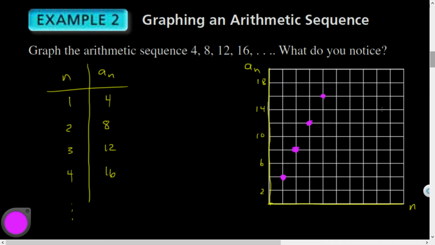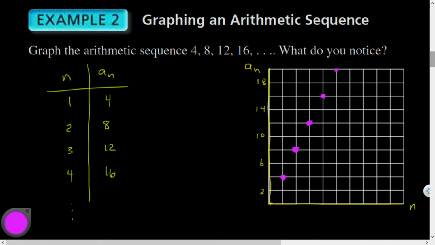And what do we notice? We notice that these points have a linear relationship, so you could perhaps predict the next location by going up 4 over 1, up 4 over 1, up 4 over 1. I realize that these are 2 squares, but remember my squares each count as 2 for the vertical axis, right? So up 4 over 1, up 4 over 1.